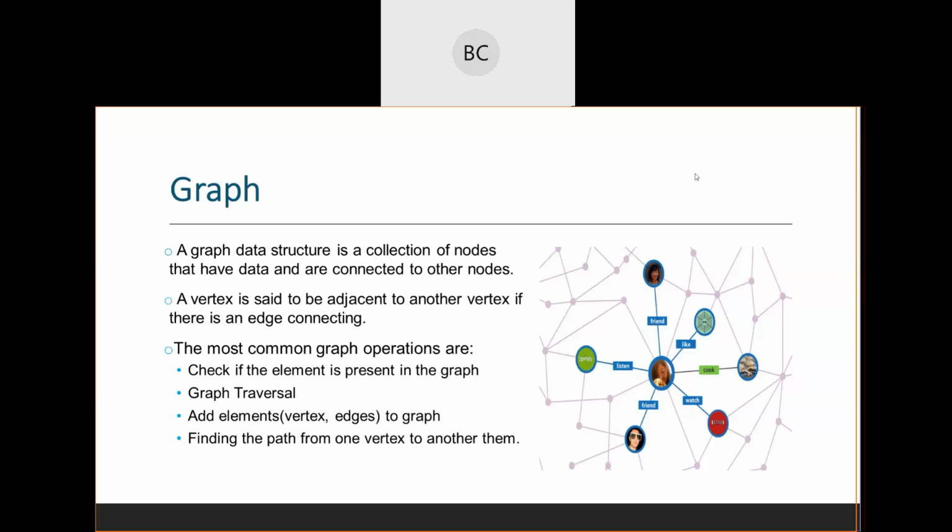Okay. So very common operations are like you want to check any element in the graph or graph traversal. Graph traversal we will discuss later. Then you want to add vertices or edges. Then you want to find a path and all. Okay.